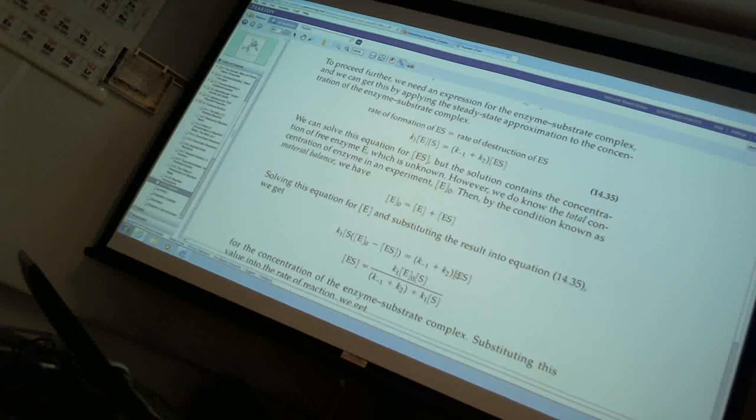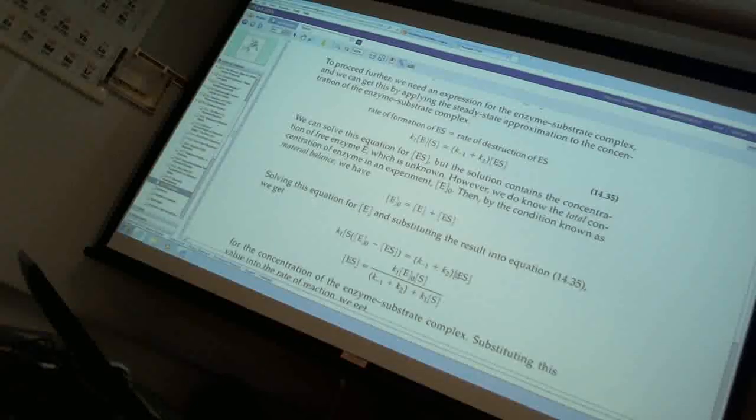If we substitute that, we get K1 times E. Well, E now is this, which is E naught minus ES, times S, which is equal to K minus 1 ES.